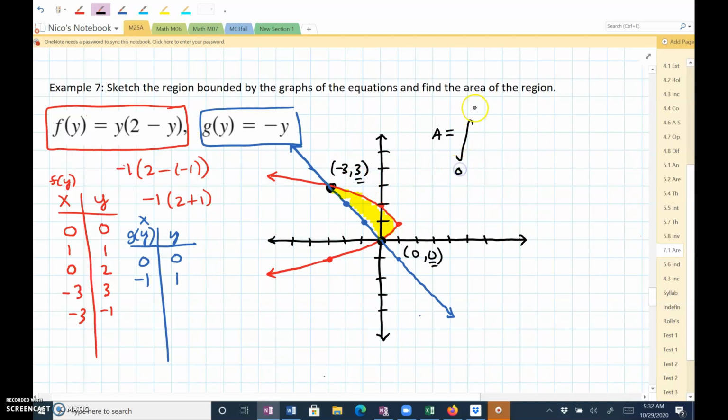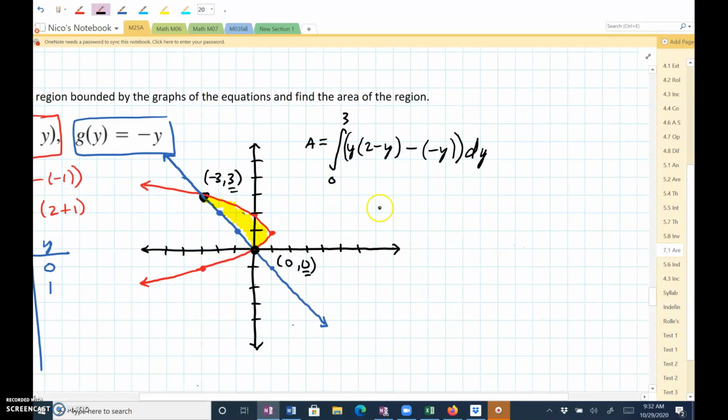We use the y values. And then the one that's on top is going to be this one in red here. So this is going to be y times 2 minus y minus the one on the bottom, which is negative y dy.